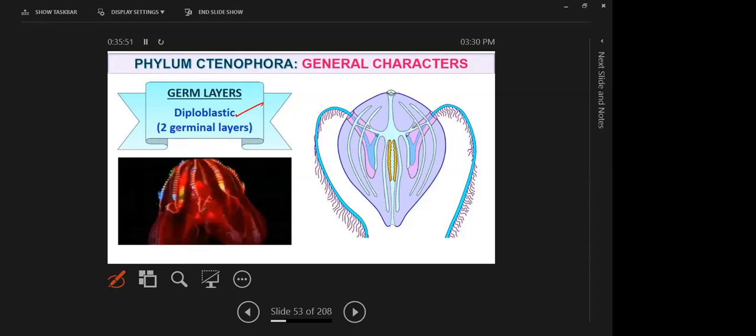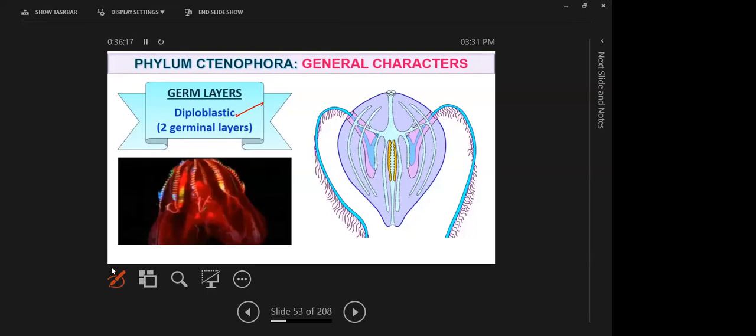Which are those two germ layers, Akash? Won't it be the ectoderm and the endoderm? Yes, outer ectoderm, inner endoderm, that's all.